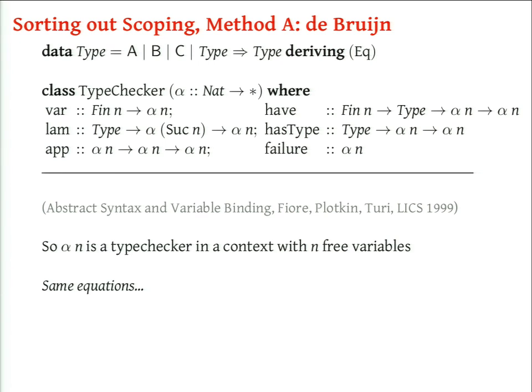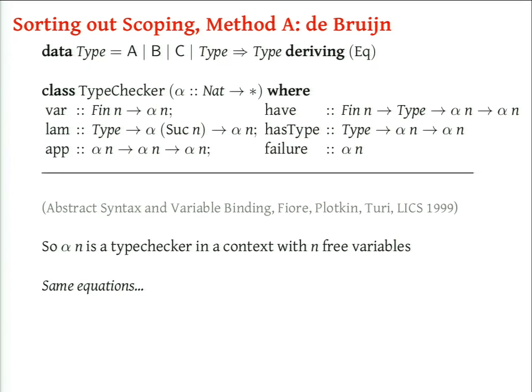One is to explicitly type things with De Bruijn indexes. So here, this type checker class is now parameterized by the number of free variables that we have. When we use a variable, we have to make sure we have this Fin n, which just means any number less than n, the type of numbers less than n. And we get a term which is well typed, well scoped in n variables.